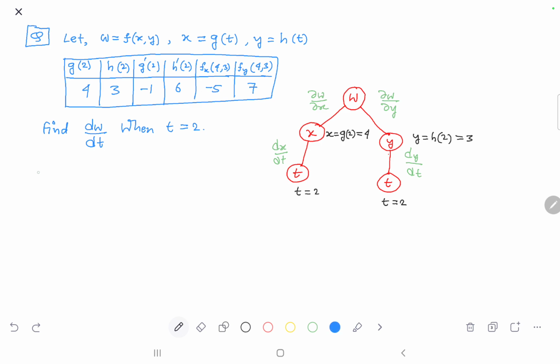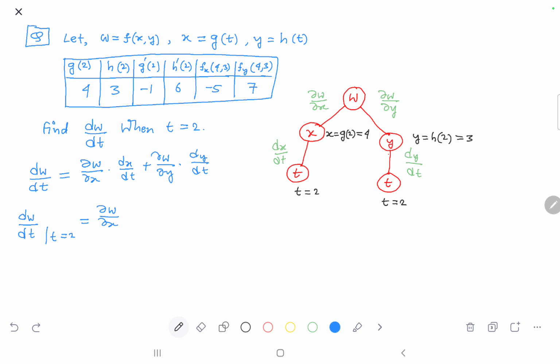Okay. Now see, remember, when we write the derivative formula, what was it? It is basically del w/del x into dx/dt plus del w/del y into dy/dt, right? Now let me write it down at t equal to 2. How does this formula look? So dw/dt at t equal to 2 means you have to calculate the partial derivative of w with respect to x at the point.